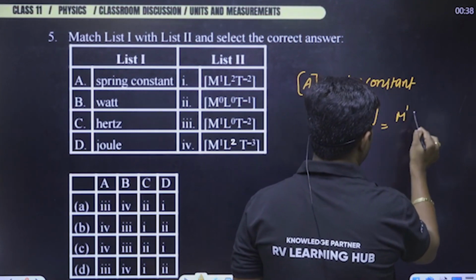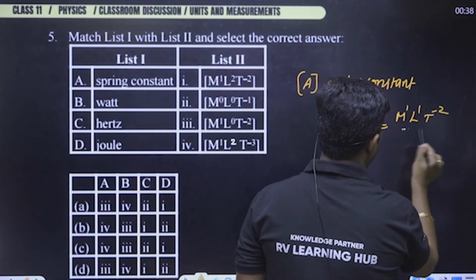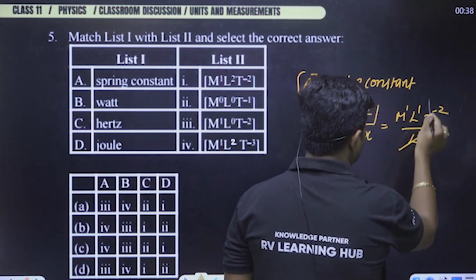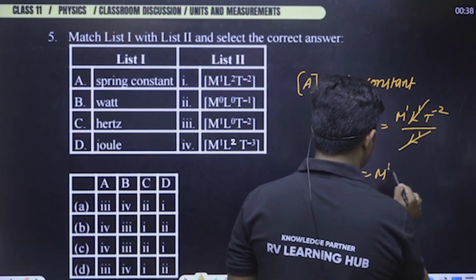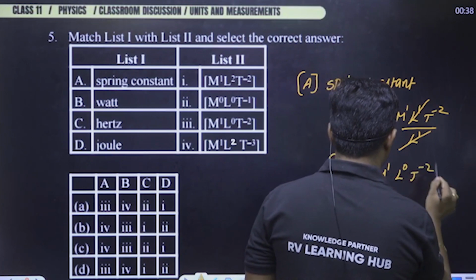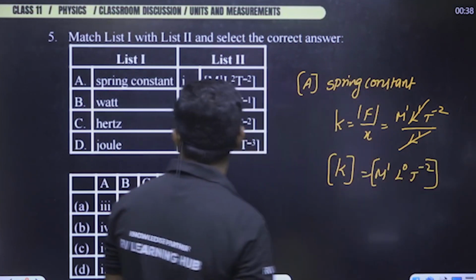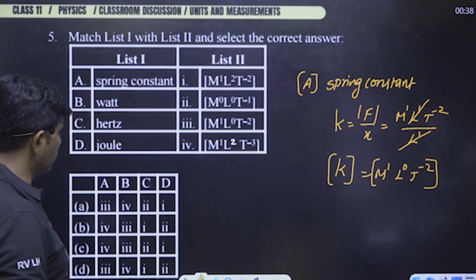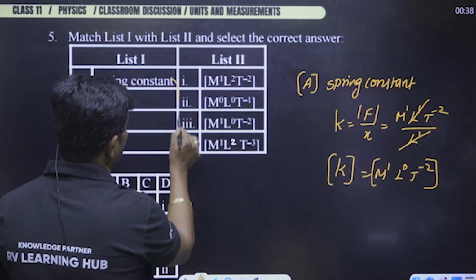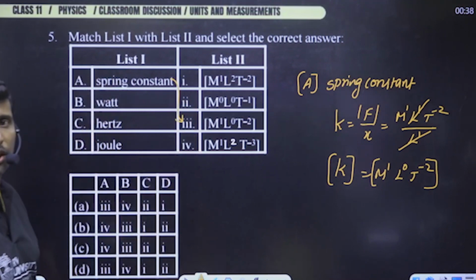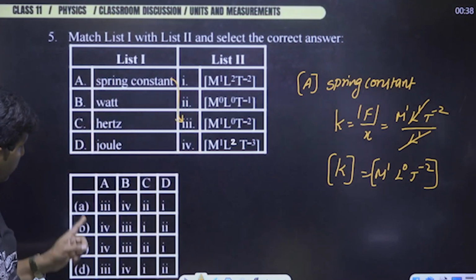Force is M power 1, L power 1, T power minus 2, and divided by L to the power of 1. So k will have the dimensions M power 1, L power 0, T power minus 2. So spring constant will match. What is the option here? M power 1, L power 0, is it right? That is 3. So just go through the options here.